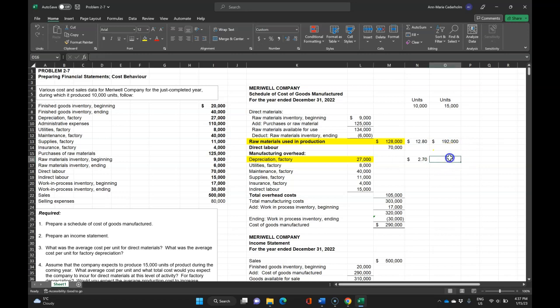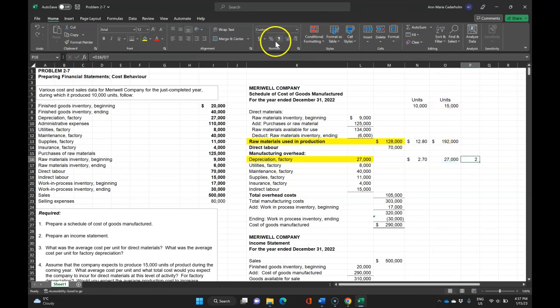So in this case, I'm just going to type in 27,000 here. And if I want to know what that unit cost is at the 15,000 level, I'm going to take $27,000 and divide that by 15,000.